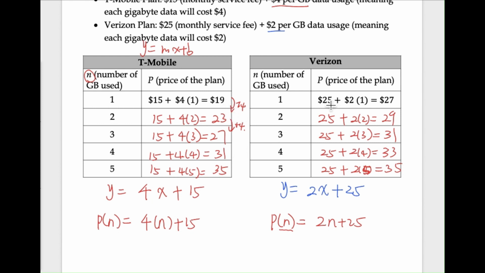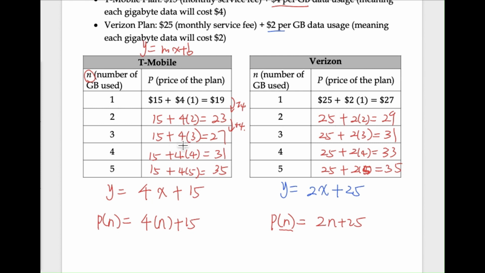But some students will say, I feel like Verizon has a better plan because each gigabyte is cheaper. Each reason sounds very valid. But really think about this. No matter which option, the very first thing we need to think about is how many gigabytes Tammy is actually using each month.